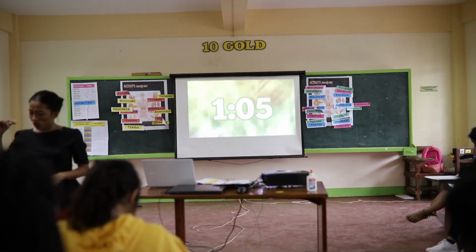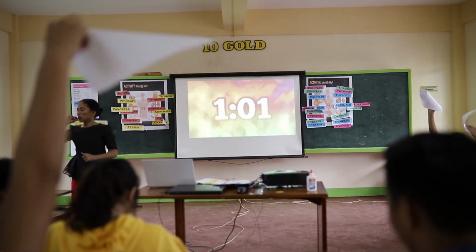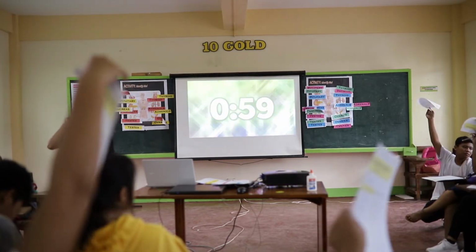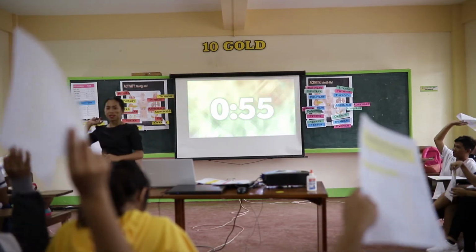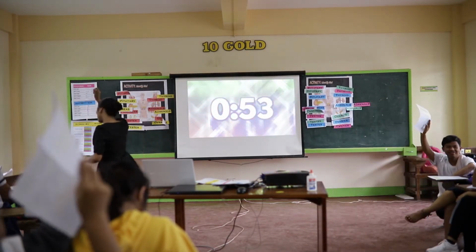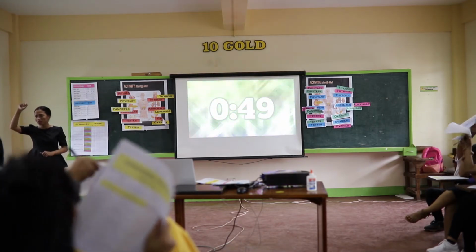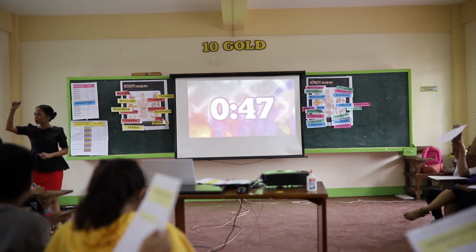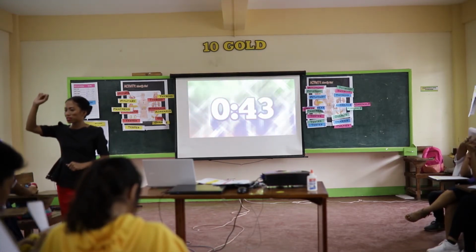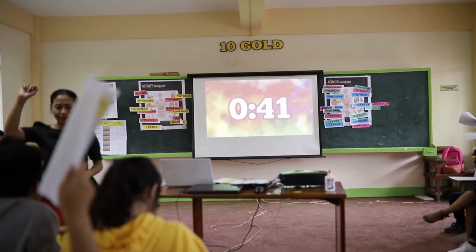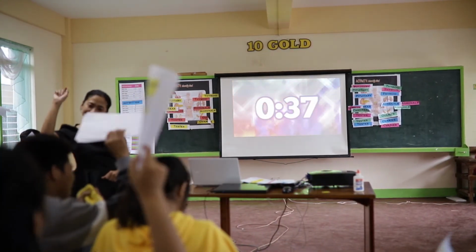Raise your answer sheet if you're done. Okay, 1, 2. You still have, okay. Keep on raising your answer sheet so that I could be able to know if all of you are done answering. Do not show your answer to your seatmate. You're done, Ken. Raise your answer sheet.